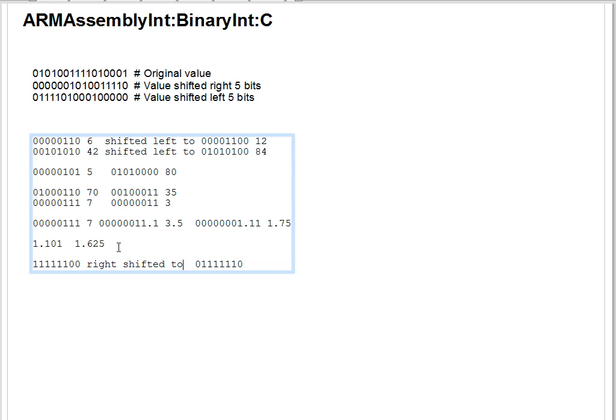Now, the division by 2 rule works fine if they're unsigned, because this first value here is 252, and it right shifts to become 126. But, question 4, what about the signed case? What are the signed values of those 2 bit patterns? Is the signed value of this equal to 1/2 of the signed value of that?